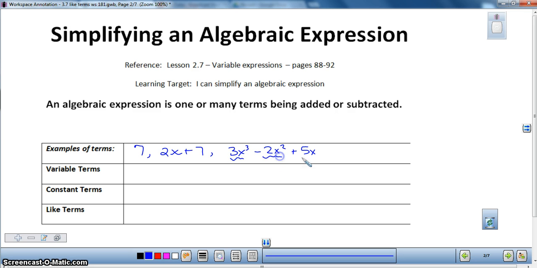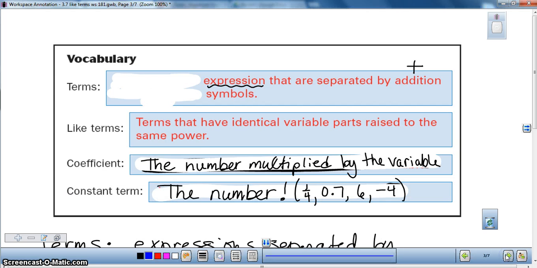Each of these individuals, especially when we rewrite this as plus and negative, that I've put a little squiggly line under, are all terms. Some are variable terms, some are constant terms, and none of the ones with squiggly lines are like terms, but we will define all of these as you look at this next section.